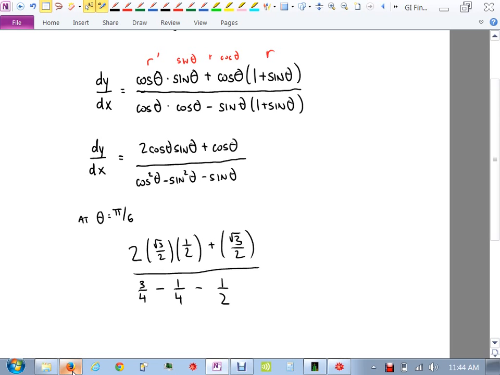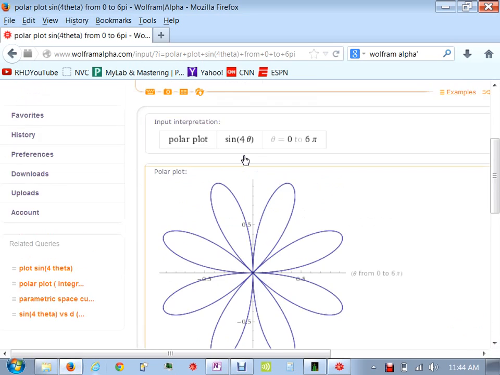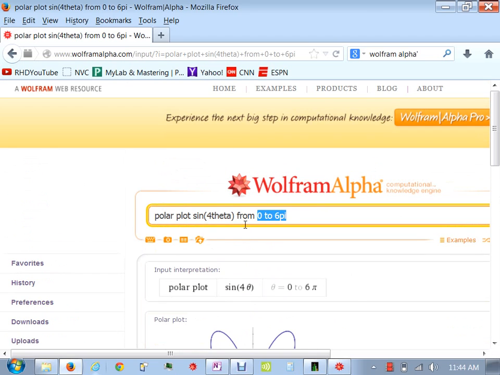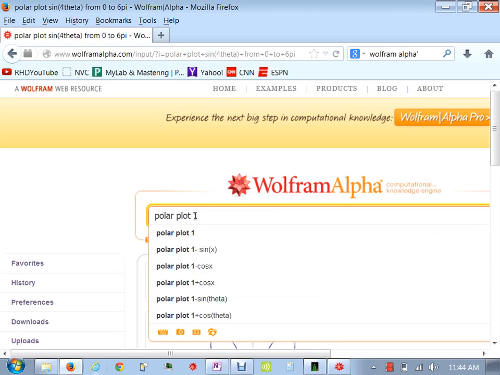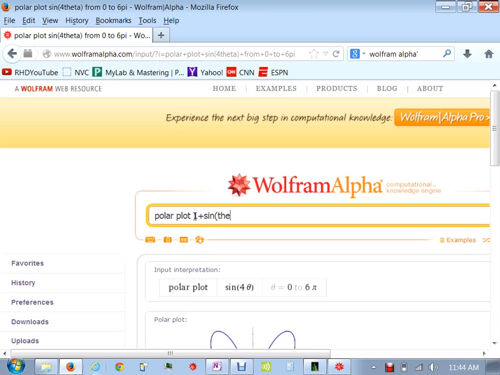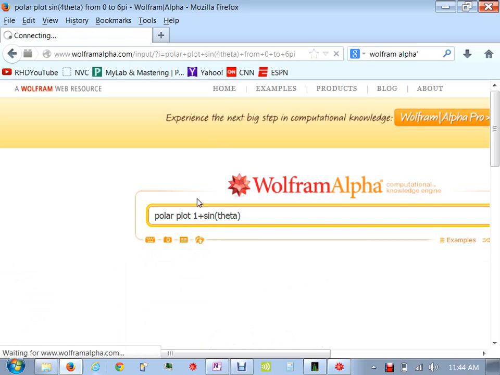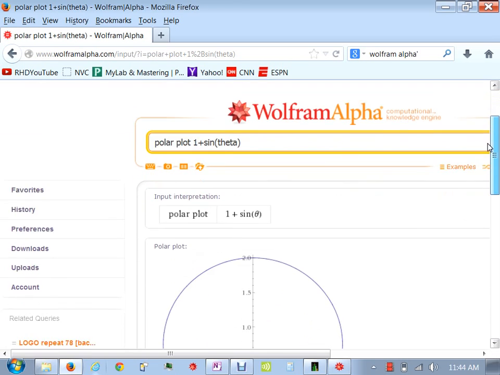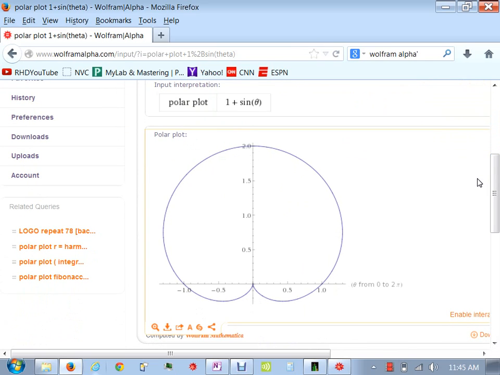Go back to the cardioid. What was our cardioid? It was 1 plus sine theta. What we just found was if you go to pi over 6, which is about here, 30 degrees, we actually found this point's tangent line, which is vertical.